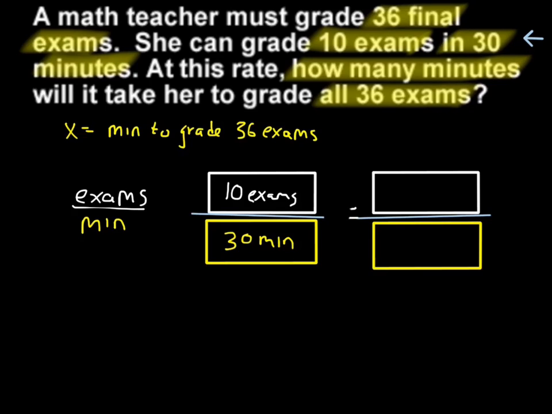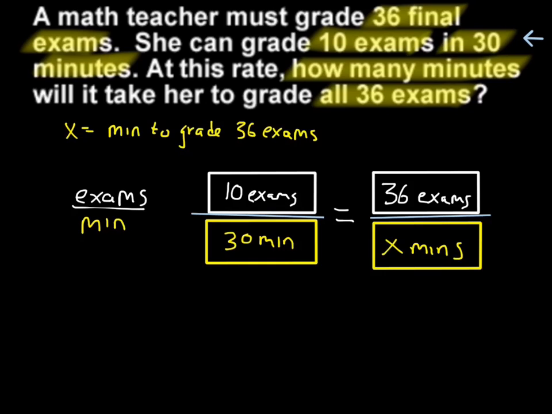I got a little muddy. Equals, how many exams? She has 36 exams to grade. We're looking for time. And that's our x, what we're looking for. So you fill in those boxes.